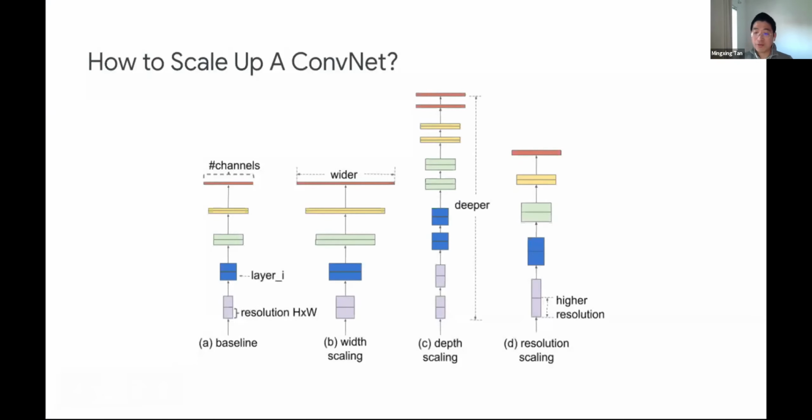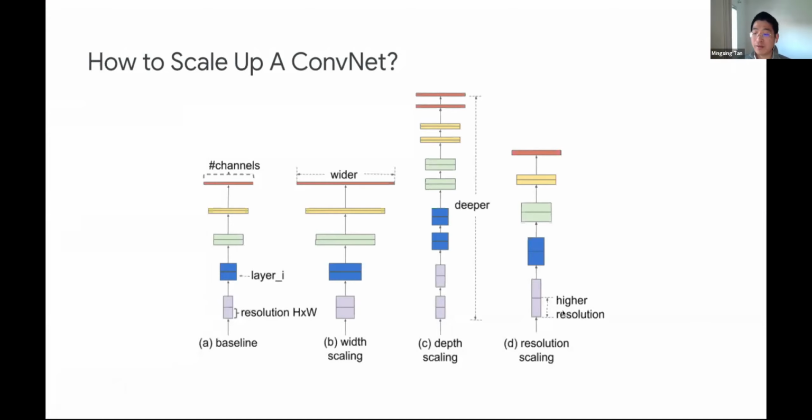So in order to understand how we scale up models, let's first look at how people usually scale up convolutional neural networks. Given this baseline, there are many ways to scale up a model. The first way is you can add more channels to make it wider. The second way is you can add more layers to make it deeper.